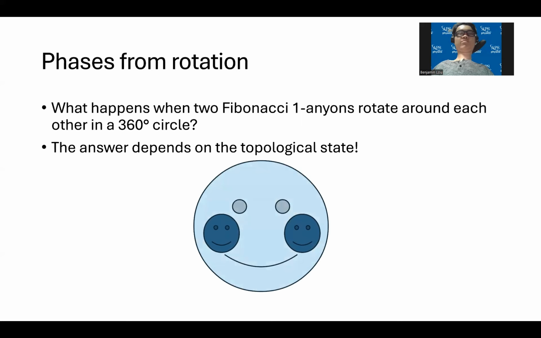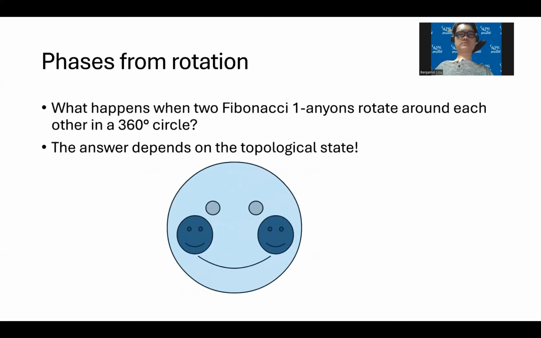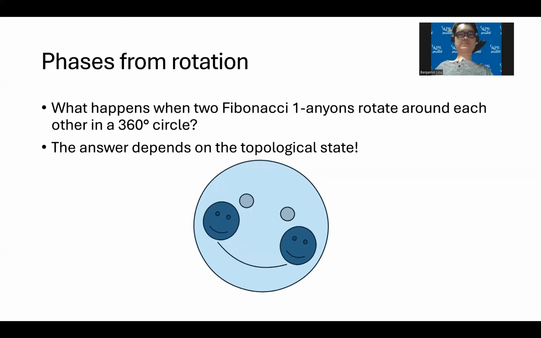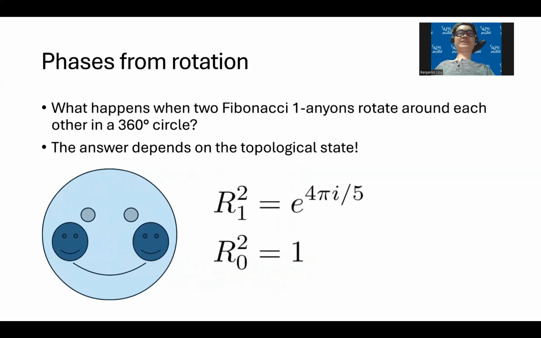To see this, we can think of these 2 particles as a single particle with a given total charge. And now we can just rotate this big particle like so. So we rotated it. And what does that do?